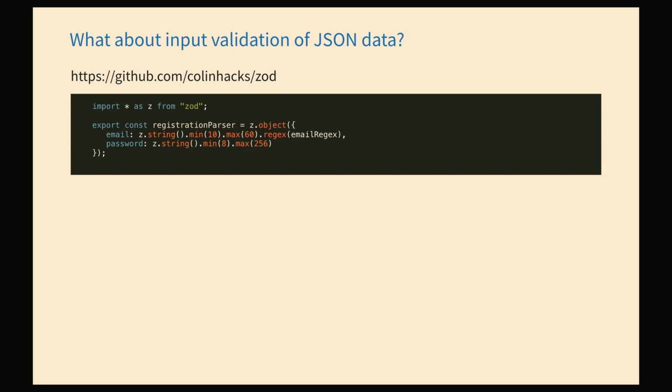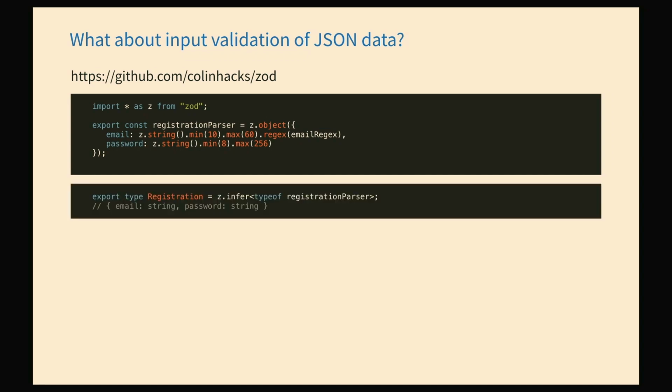The other is a password with a minimum length of 8 and a maximum length of 256, really simple logic here. But the nice thing about this library, which you don't get from other libraries, is that you don't have to maintain a type in TypeScript and a parser separately. You can combine them. I can ask Zod to create the type for me, and it will magically create the type where both of these are strings. So when I pass this object around later, I have a proper type for it.